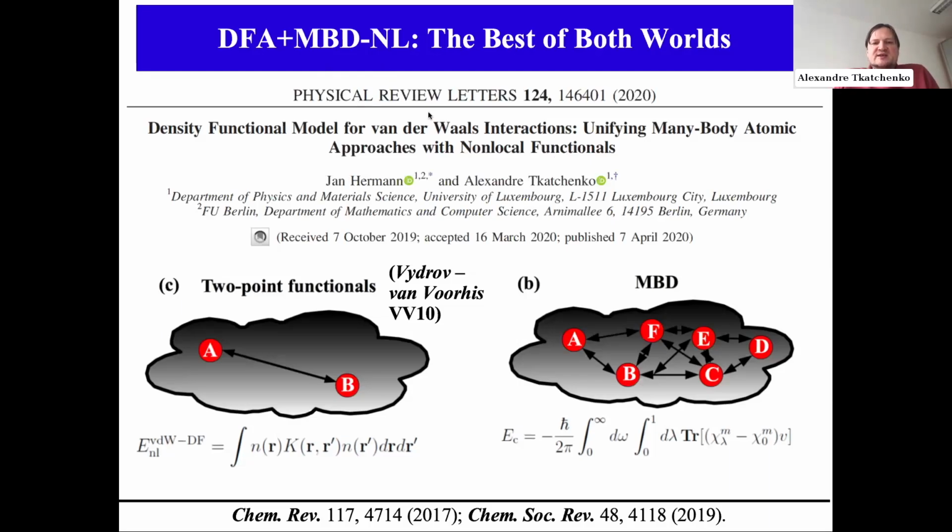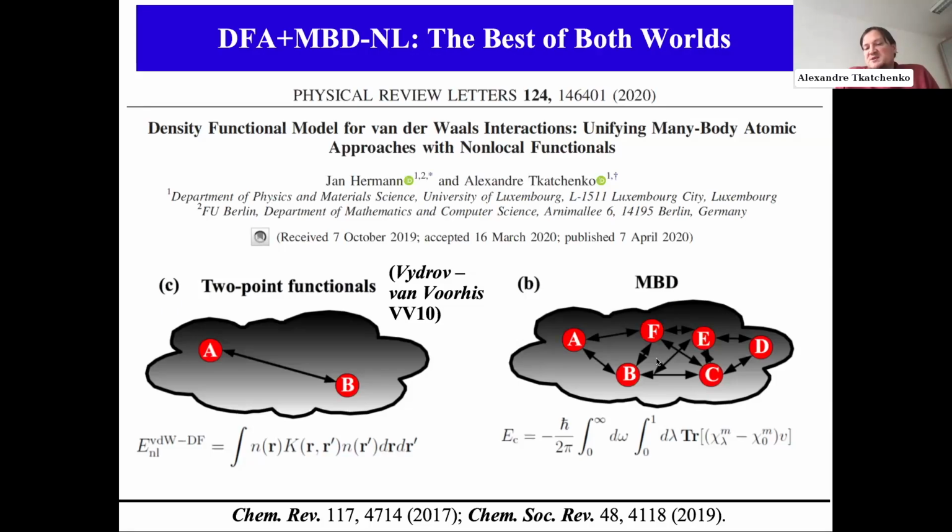The essential idea here is to get what I would call the best of both worlds. So we combine a two-point non-local functional of Vydrov-Van Voorhis. We renormalize it to make it exact for the whole periodic table. And then we use these renormalized VV10 polarizabilities as an input to the MBD Hamiltonian.